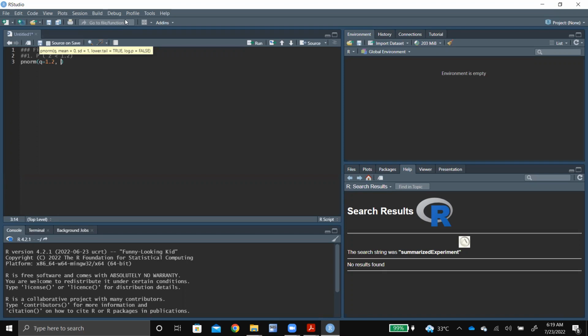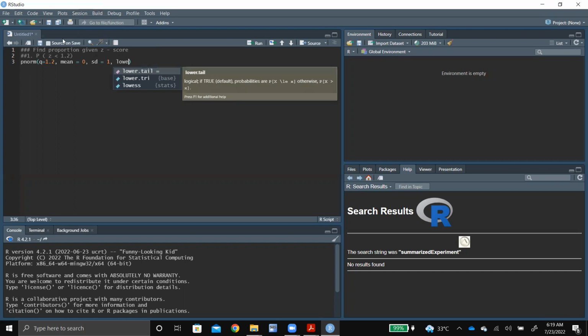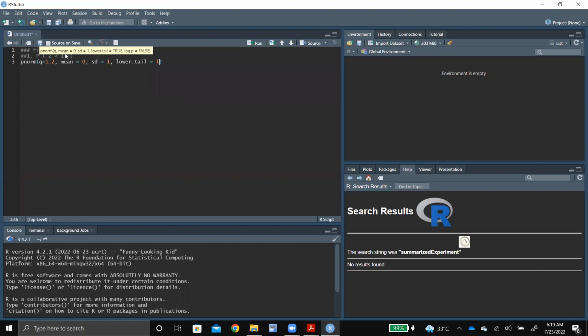So in pnorm, for this case, q is the quantile that I'm looking for, that is 1.2. We are looking for z less than 1.2. Z is a standard normal distribution, which implies that it has a mean of 0, and the standard deviation is always 1 for a z distribution. Since we have z less than, we should have lower.tail equal to true.